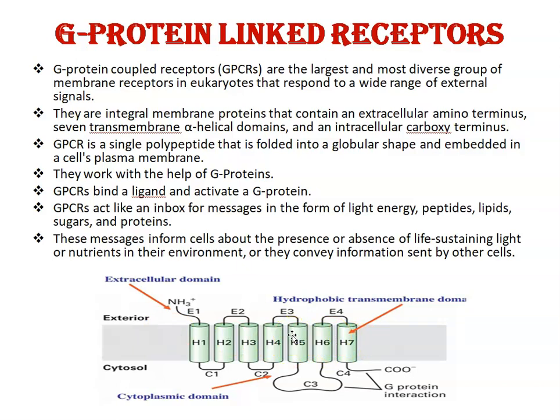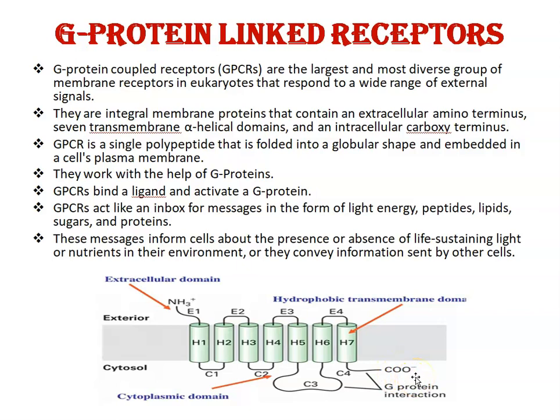They are integral membrane proteins that contain an extracellular amino terminus, this part, 7 transmembrane alpha-helical domains, 1, 2, 3, 4, 5, 6, and 7, and an intracellular carboxy terminus, this part, right?